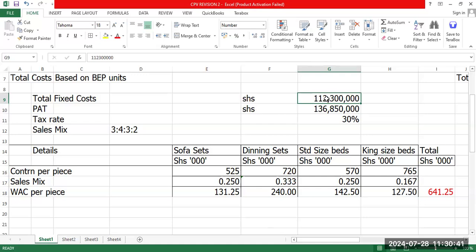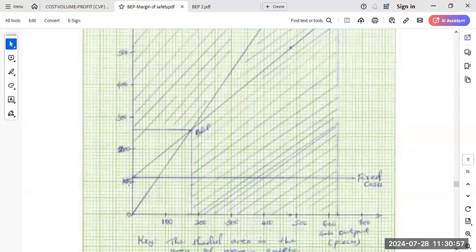If your figures are in millions, you are just looking for 112.3 on your graph, which is approximately 112 on the vertical axis. So you see I have 100. I am looking for approximately 112. It is around here. You see, I put here my horizontal line to represent fixed costs.